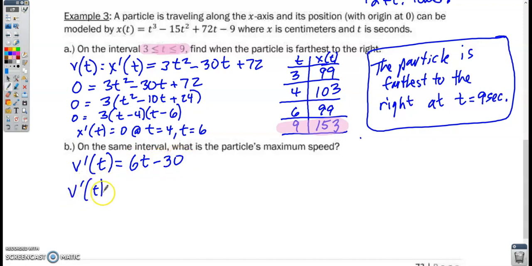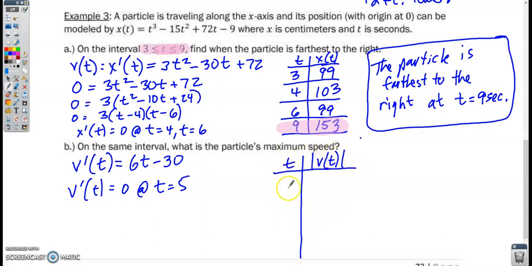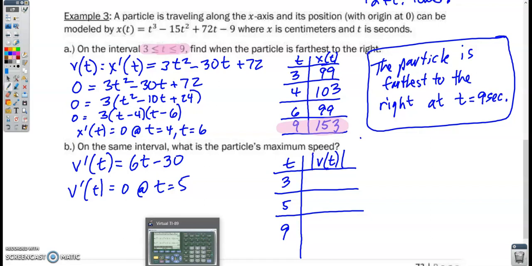So v prime of t equals 0 at t equals 5. That's our critical point, and so we want to evaluate the speed, which is the absolute value of velocity, at our endpoints and our critical point: 3, 5, 9.